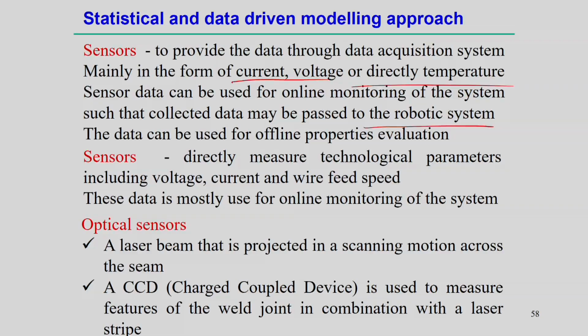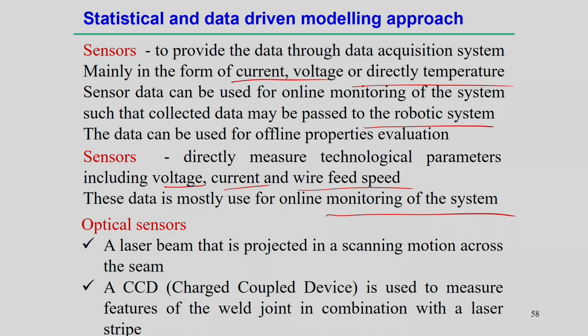So the sensor directly measures technological parameters, normally including voltage, current, and maybe wire feed speed. In the case of a welding process, we can directly use the wire feed speed. This data is mostly used for online monitoring of a particular system. But apart from the sensor data output in terms of voltage and current, an optical sensor can also be used.